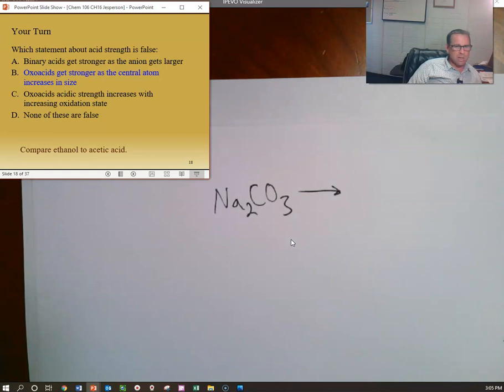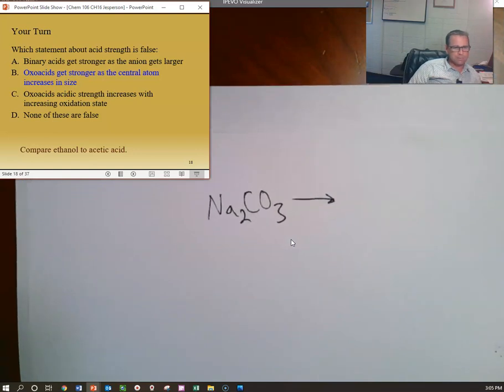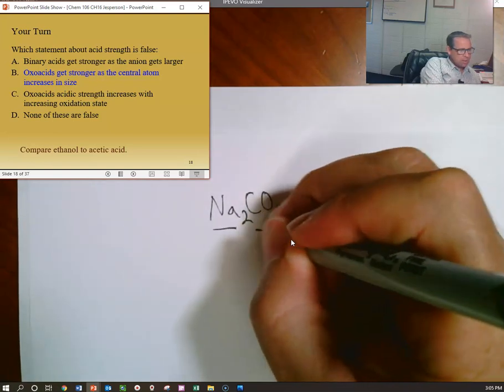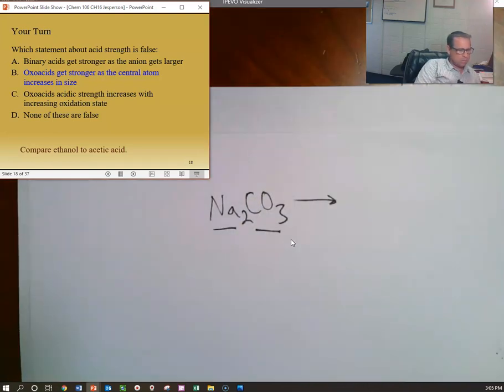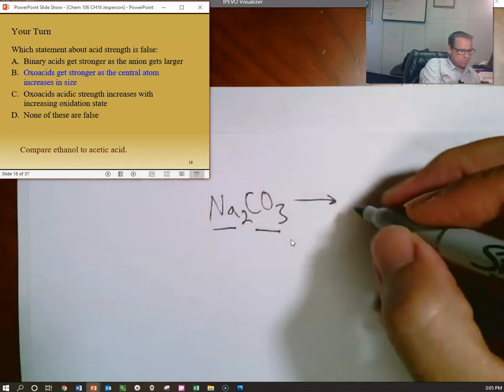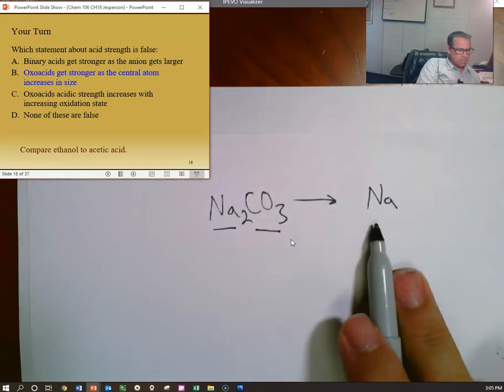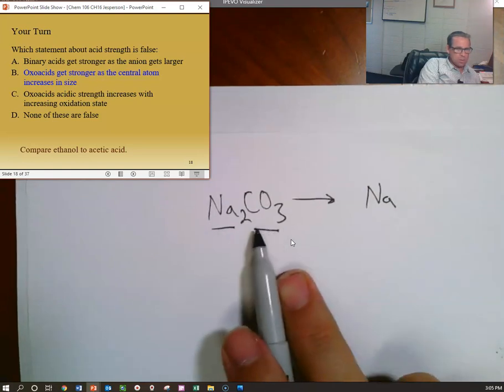Always soluble. Therefore, we place it into water, and what will result? Camille, can you tell us what ions will result? Well, what are the ions that are here in this compound? Well, there's Na2CO3. We got the sodium ion. Na2CO3 is our compound.